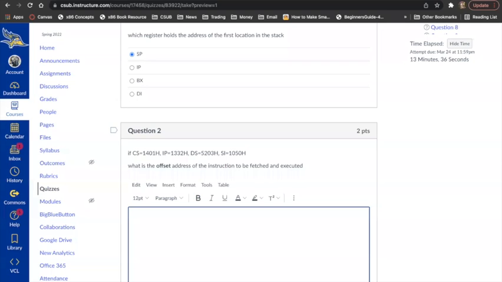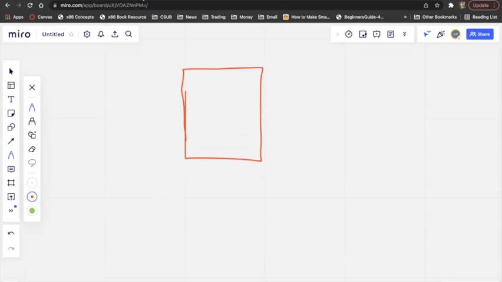We know the code segment is 1401. Let's say the memory grows down like this and goes up like this. Let's just assume this is a part of memory.